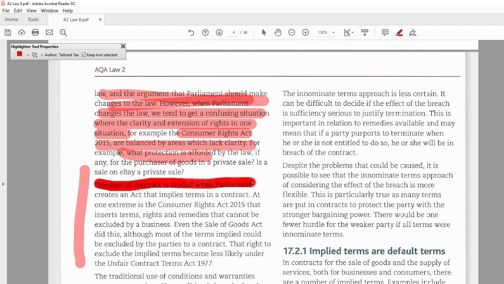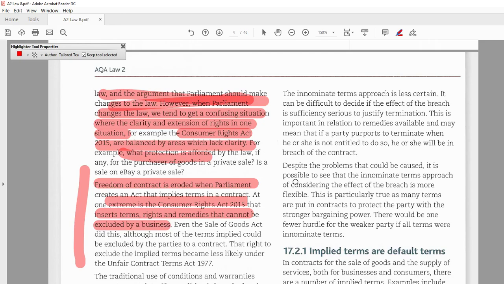Freedom of contract is eroded when Parliament creates an act that implies a term in the contract. At one extreme, the Consumer Rights Act 2015 inserts terms and rights and remedies that cannot be excluded by a business.